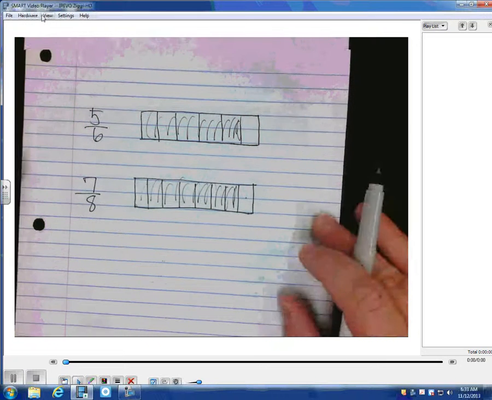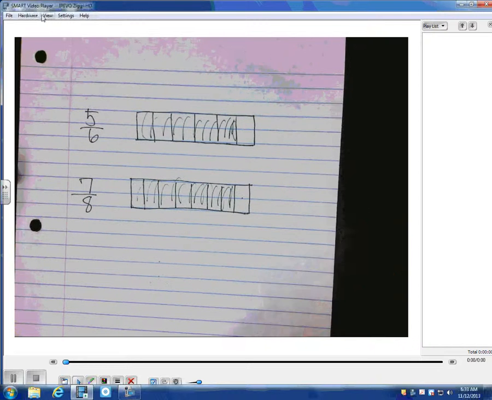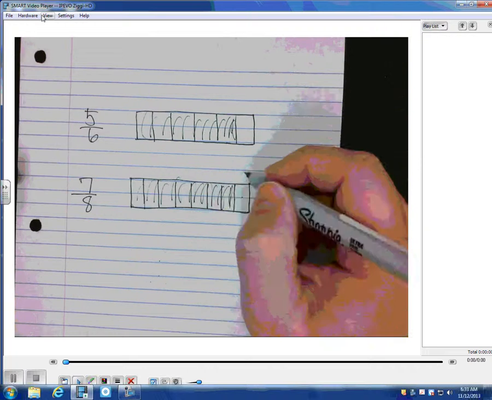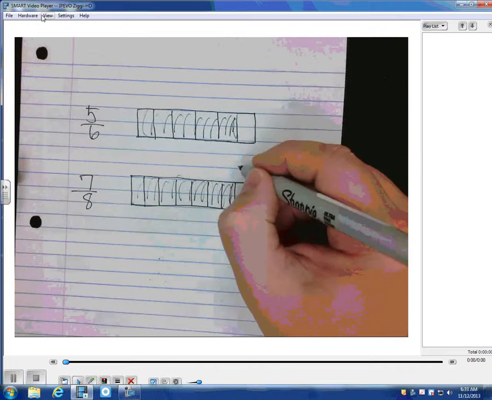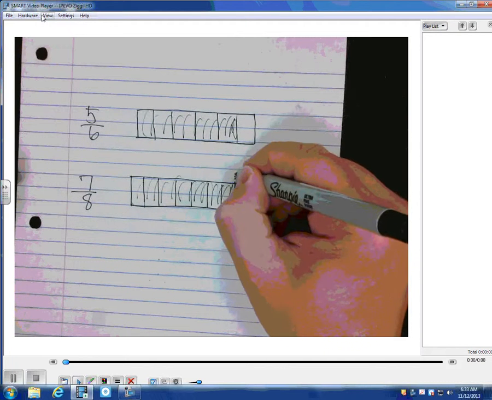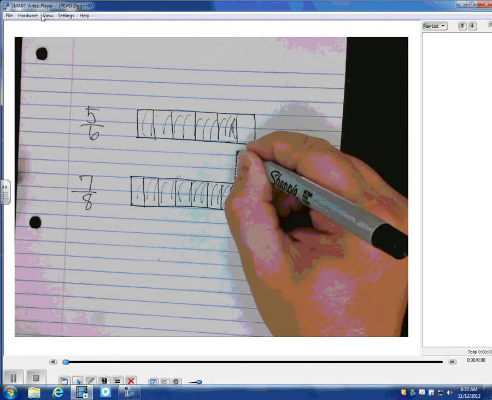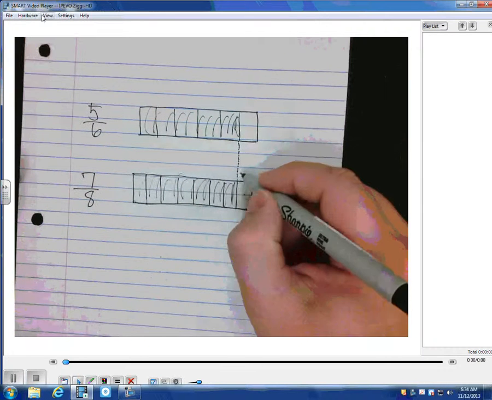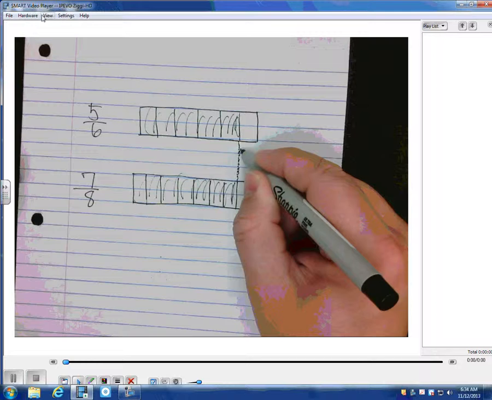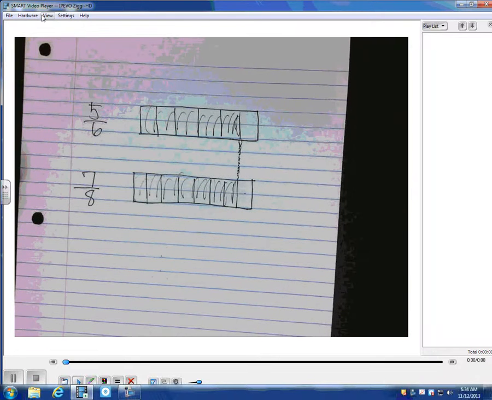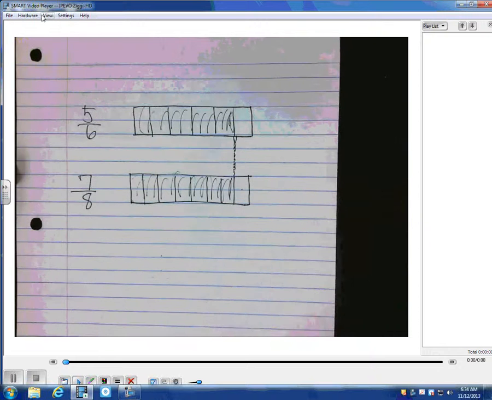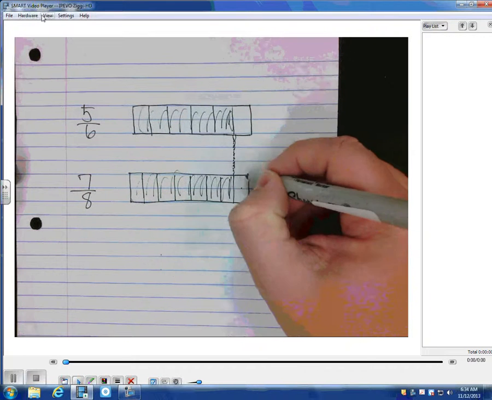Now, because I did this freehand and didn't do it perfectly with equally spaced intervals, it's not as easy to see here. But if I would draw this line up, well, it should be more. So what I did here, I didn't do a very good job of making my equally spaced intervals. So this 7/8 should be more.